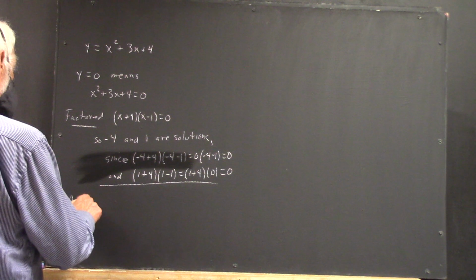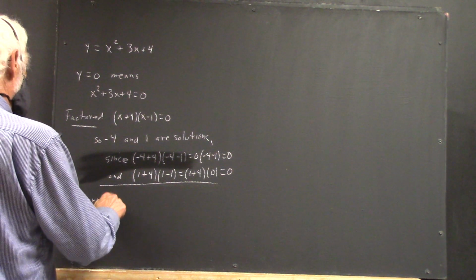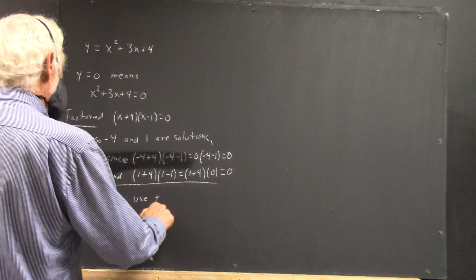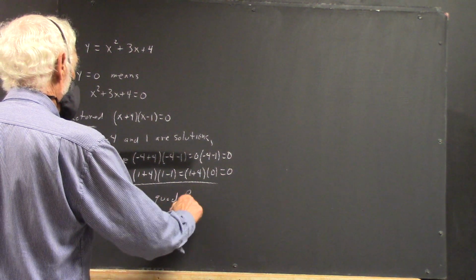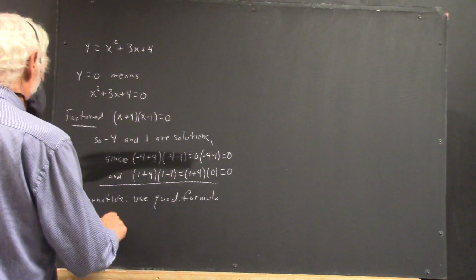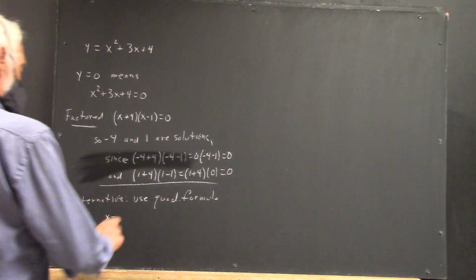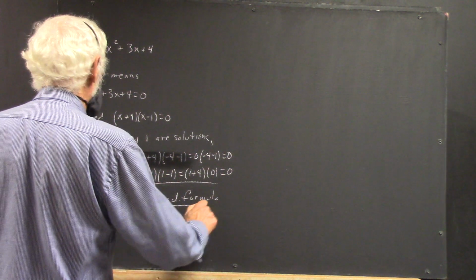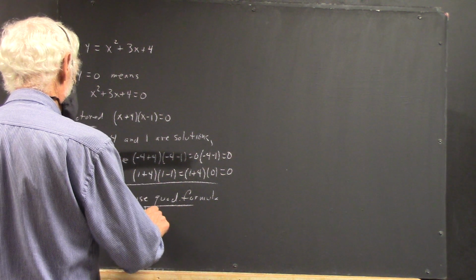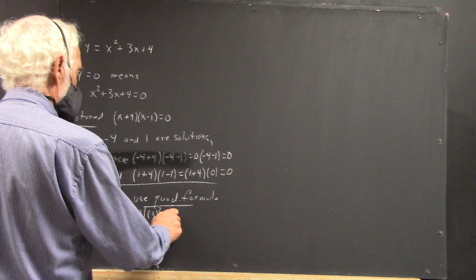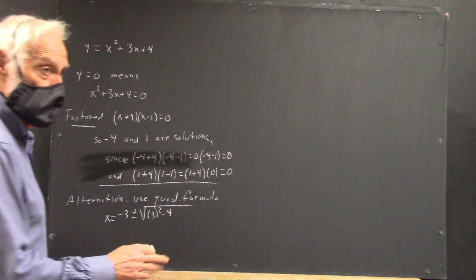Alternative is to use the quadratic formula. And you would get x equals, everybody work this out, let's just do this to make sure we have negative 3 plus or minus 3 squared minus 4, and everybody seems to want to use a plus there, so be careful about that.